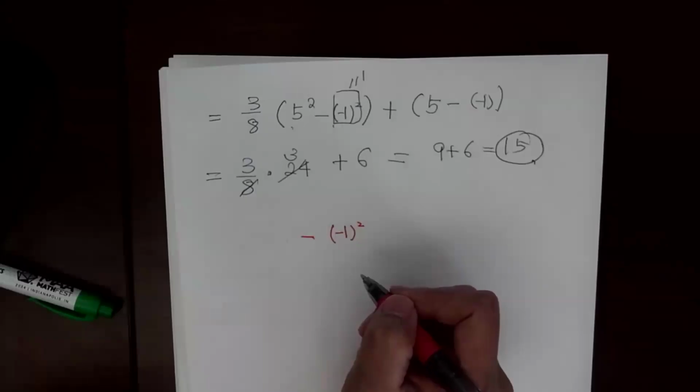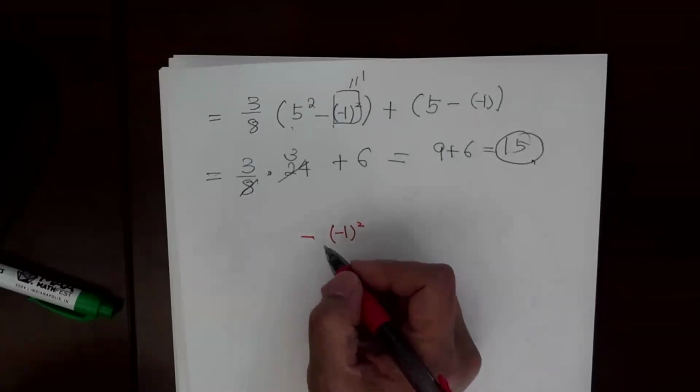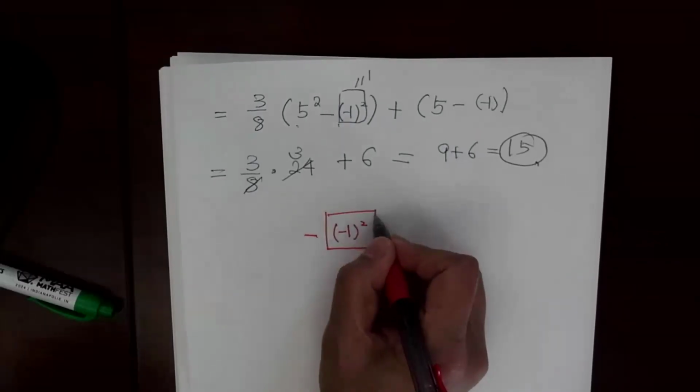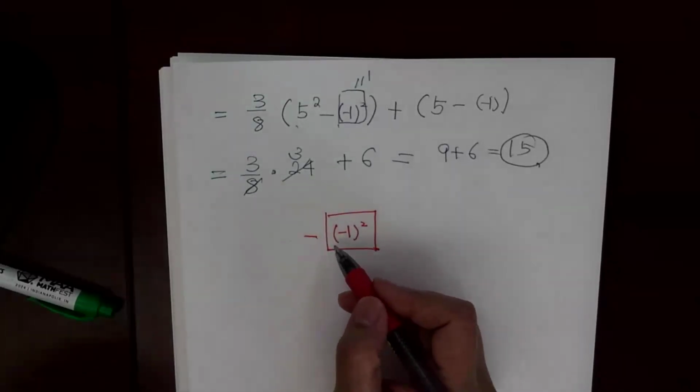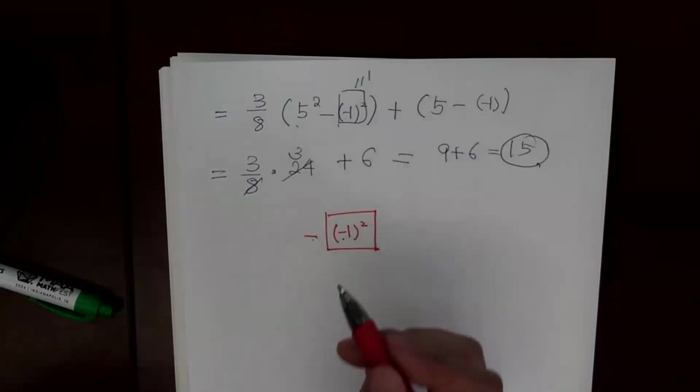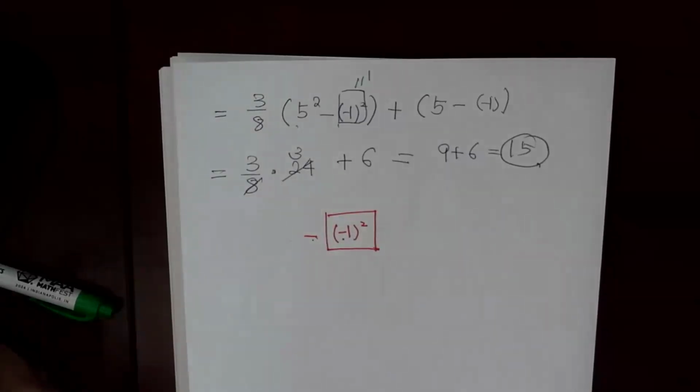It is minus 1. So in this case, the squaring must be done first, rather than the minus becoming plus. Okay, I get it. Any other question?